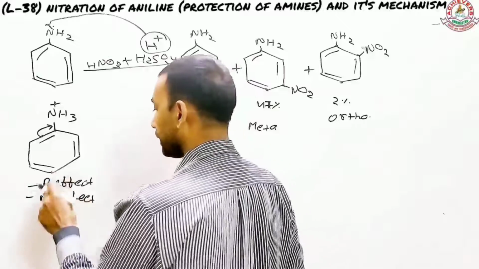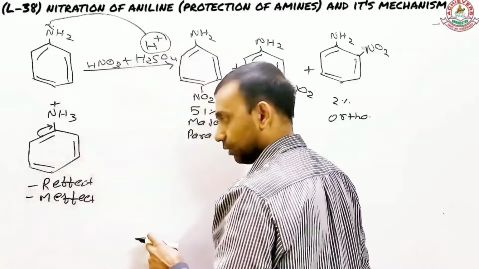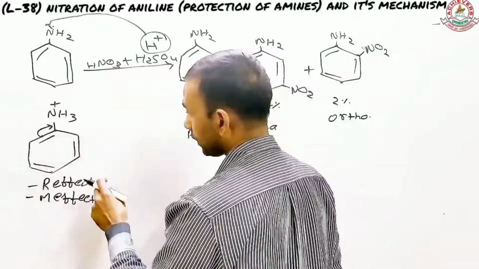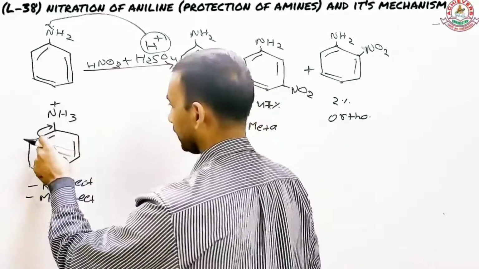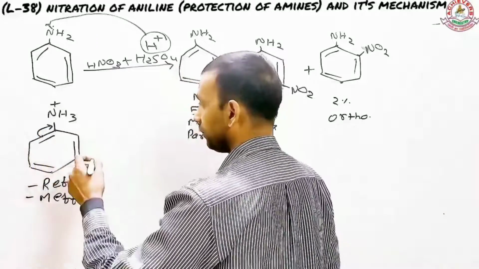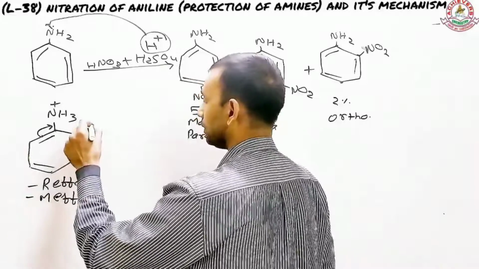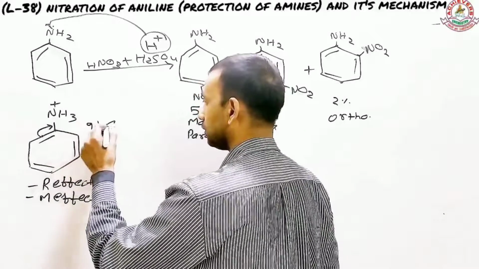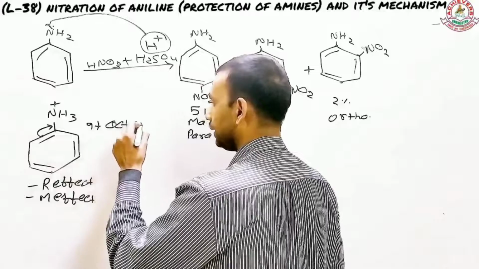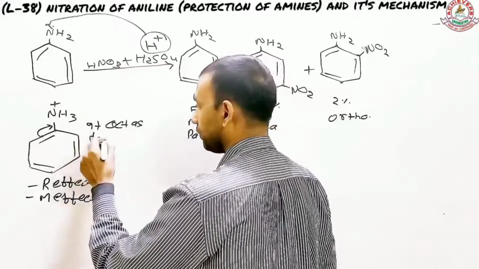So because of minus R effect or minus M effect, this anilinium ion acts as a deactivating group. So let me write this. It acts as a deactivating group.